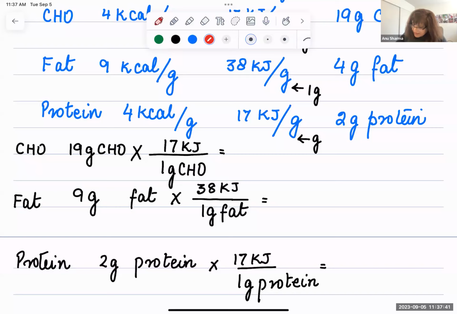If you see here, grams of carbohydrate cancel out, grams of fat cancel out, grams of protein cancel out, and you're just left with the units of kilojoules.